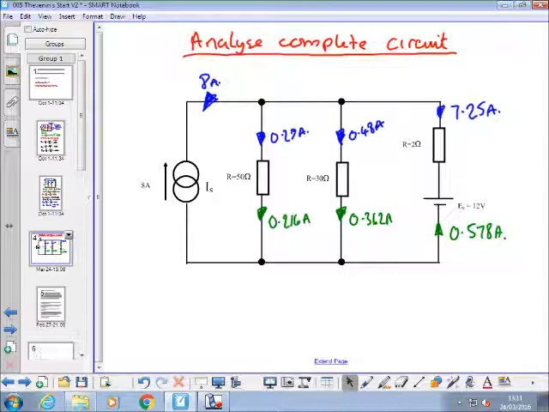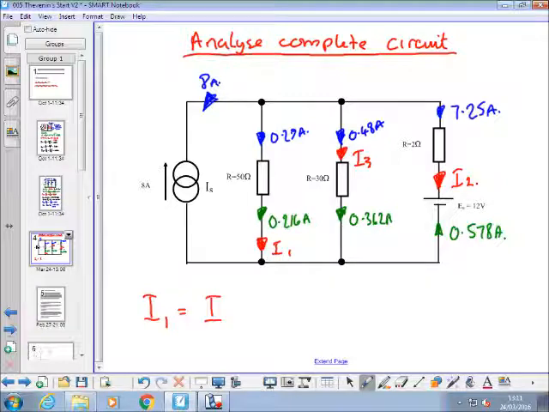So the overall currents in here is going to be that way, I2, that way, I3, and that way, I1. I1, I3, and I2.